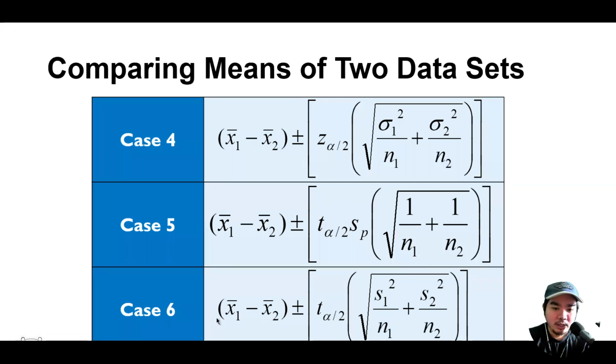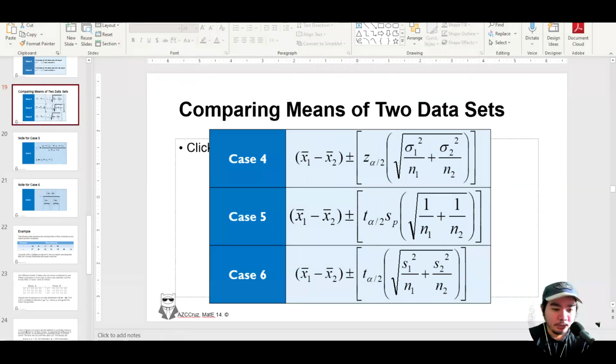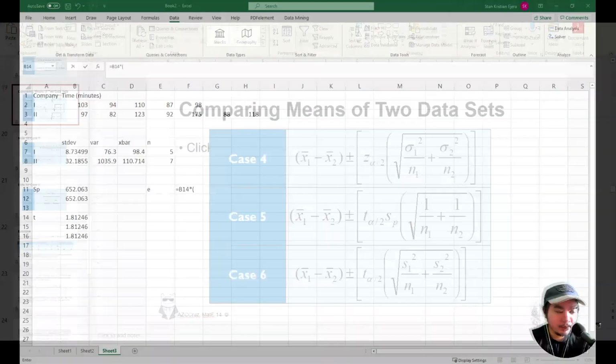So this is t multiplied by the square root of the variance over the count plus the variance of data set 2 over count. Okay? So, let's go back.